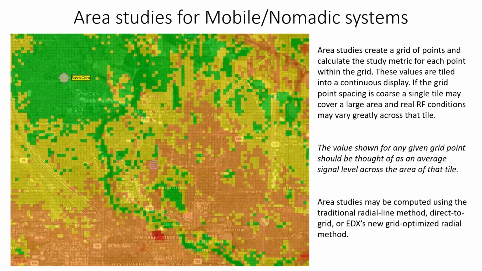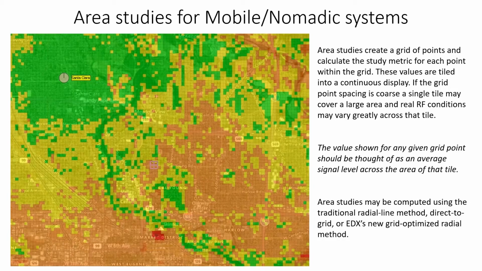So if you're used to running area studies over a very large area, one thing you might really want to check out in the new version 9 is the grid optimized radial method, especially if you've been using direct to grid over the years for those long range sites.